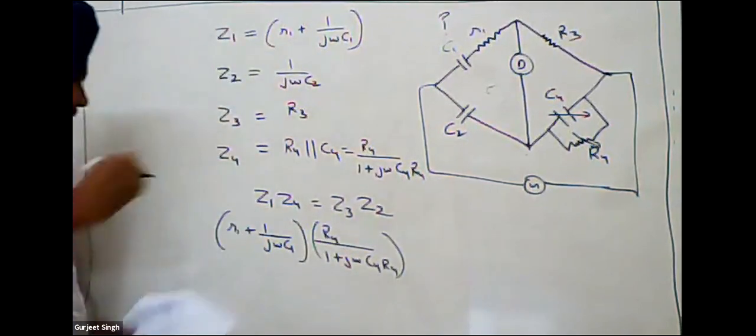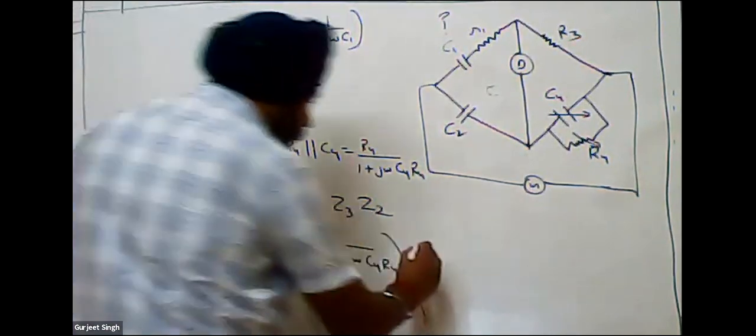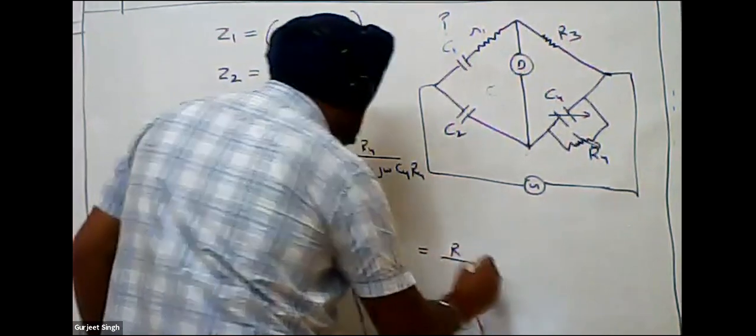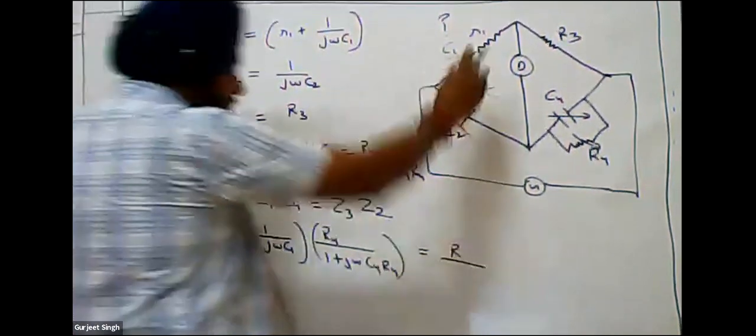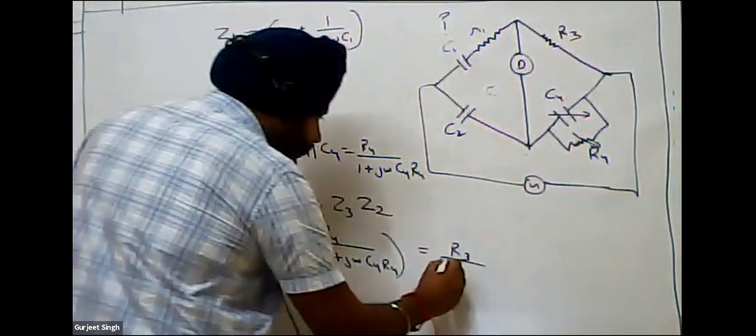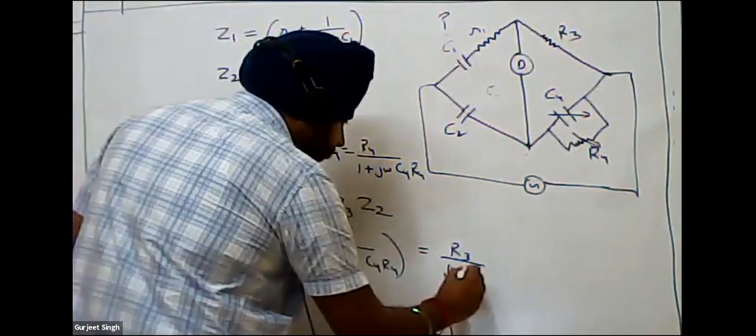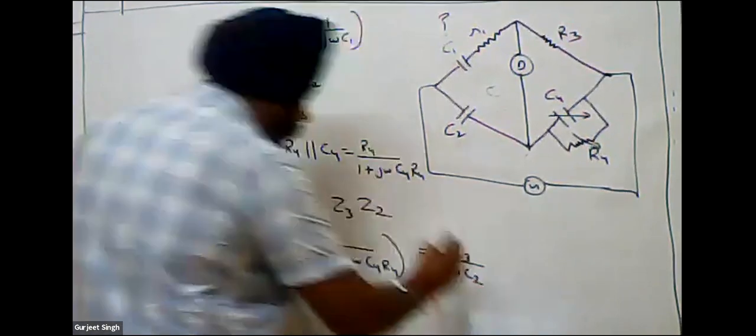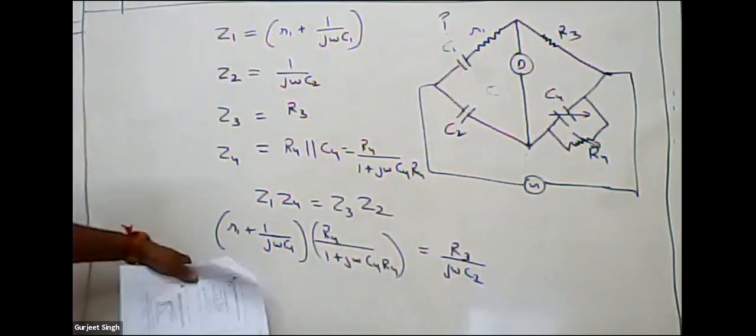This is equal to Z3, which is R3, and Z2, which is 1 upon j omega C2. So we have this equation.